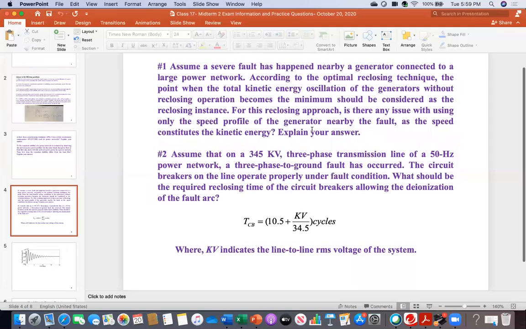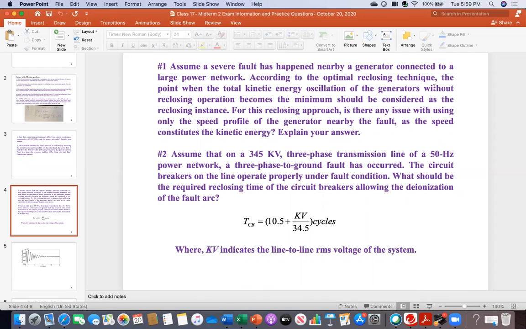Here you see a few theoretical conceptual questions. Everybody see. Assume a severe fault has happened nearby a generator connected to a large power network. So there is a large power network that has many generators, but the fault has happened nearby one generator. Last class we looked at the optimal reclosing technique.